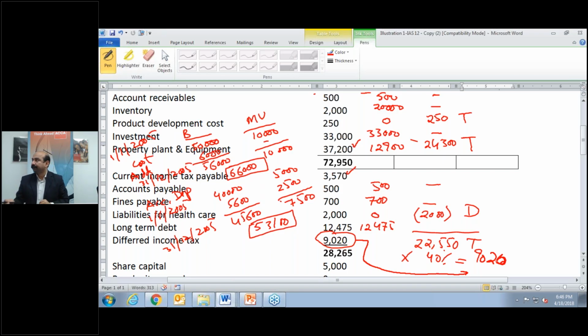Okay, so this is the way we can do the calculation of the deferred tax from the balance sheet, and we know that this will give us the cumulative picture.